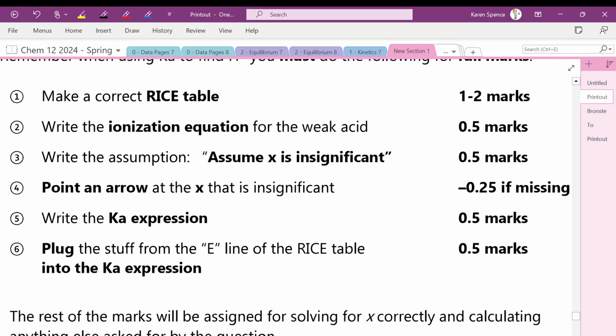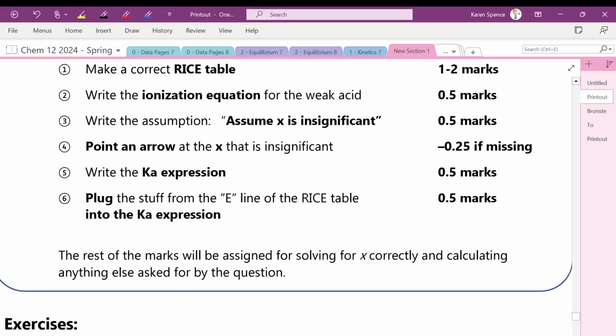Remember to point an arrow at the X that is insignificant. Remember to write the Ka expression, that's with your concentration square brackets. And then plug in everything from the E line in the rice table into the Ka expression. The rest of the marks will be assigned for solving for X correctly and calculating anything else like pH that you're asked to calculate. Okay?